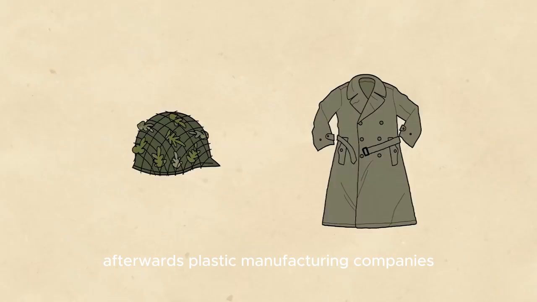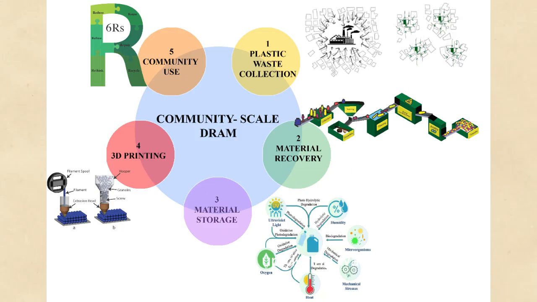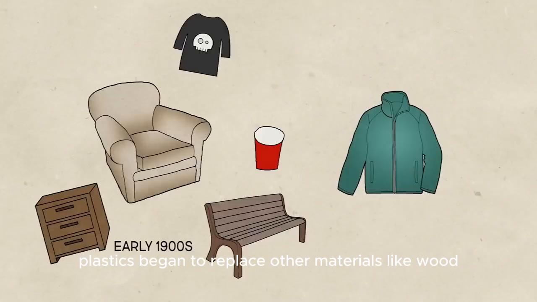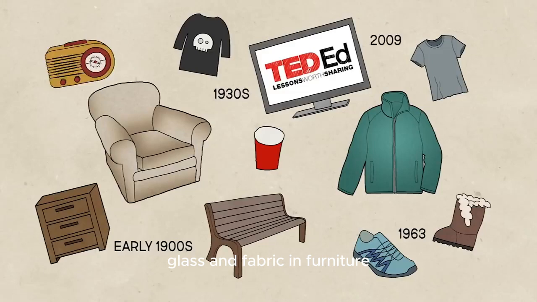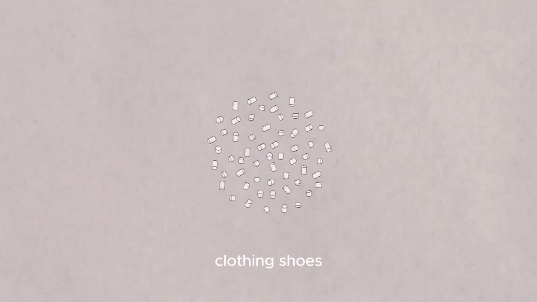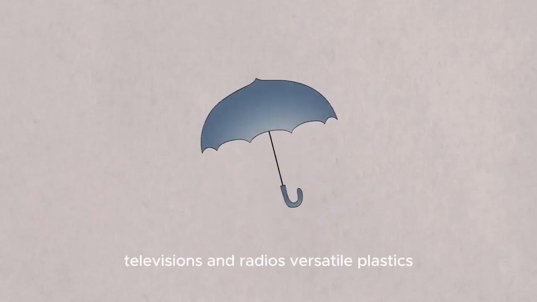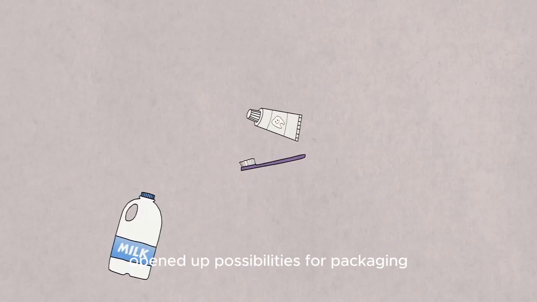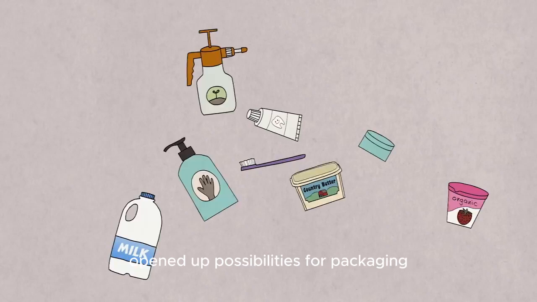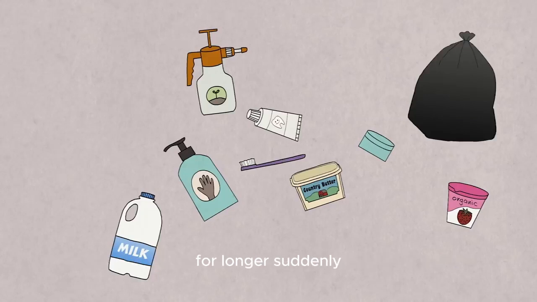Afterwards, plastic manufacturing companies that had sprung up during wartime turned their attention to consumer products. Plastics began to replace other materials like wood, glass, and fabric in furniture, clothing, shoes, televisions, and radios. Versatile plastics opened up possibilities for packaging, mainly designed to keep food and other products fresh for longer.